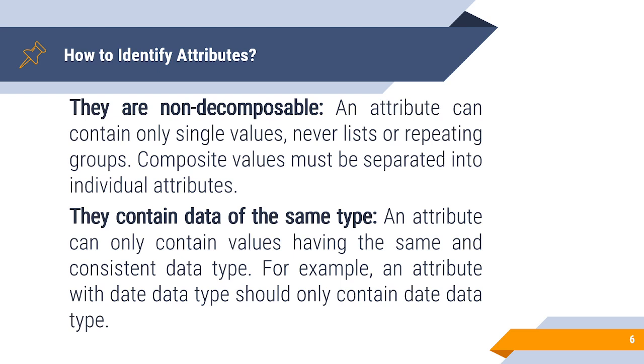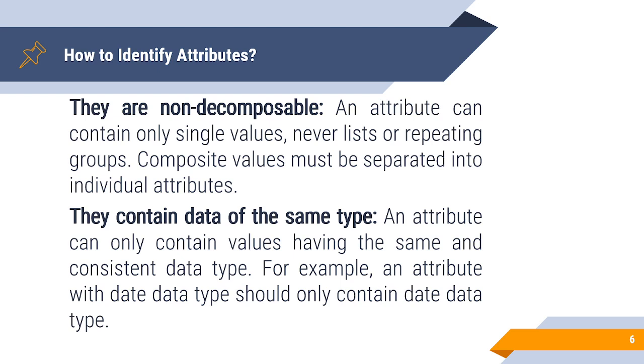Of course, they contain data of the same data type. An attribute can only contain values having the same and consistent data type. For example, an attribute with date data type should only contain dates. You cannot put other characters in it. For example, if the format is 01/28/1989, then all of your data should have that date data type.